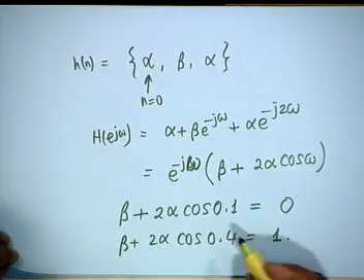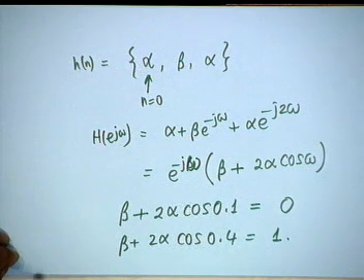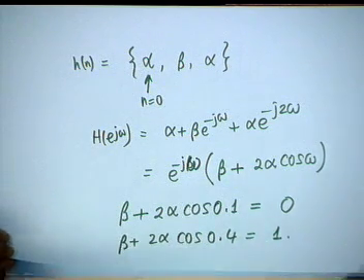And it turns out that you can subtract the one from the other and find alpha very easily. Now, cosine of 0.1, cosine of 0.4 can be found out from the tables.